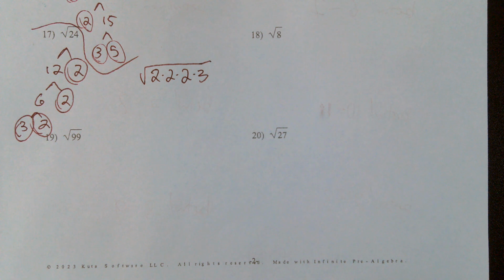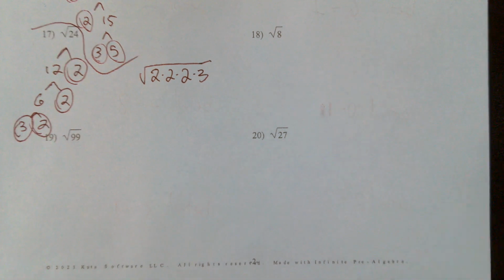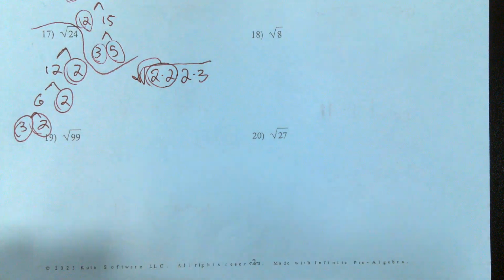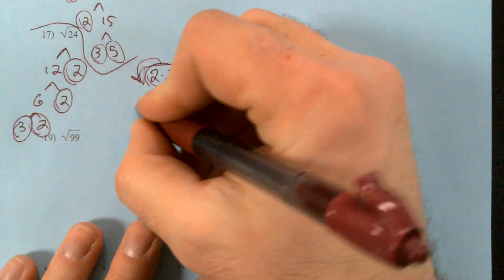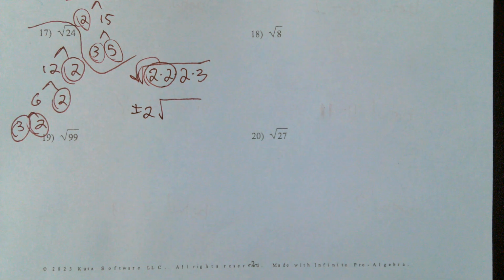So we got a pair we can pull out here, folks. Yeah, we're going to pull out a pair of 2s, right? Bring those 2s out in front. Plus or minus 2 root what? What are we going to have on the inside? 23? Are we just going to combine those numbers together, 2 and 3, and make it 23?